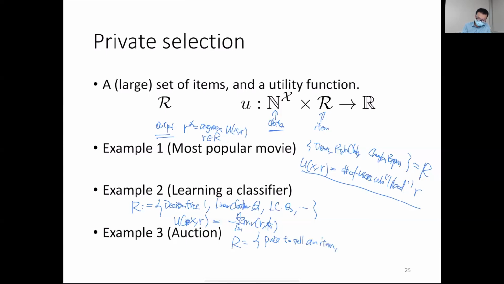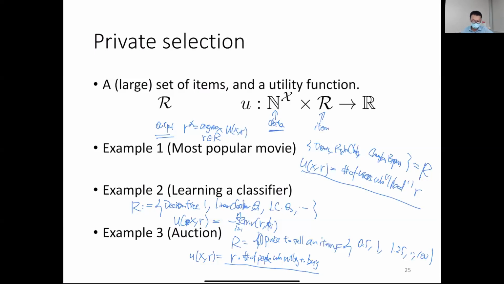This could be say $0.50, $1, $1.25, $100, and so on. And how about the utility function? The utility function is measured by R multiplied by the number of people who are willing to buy.